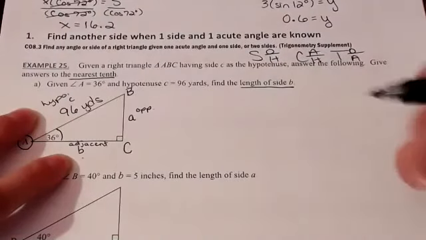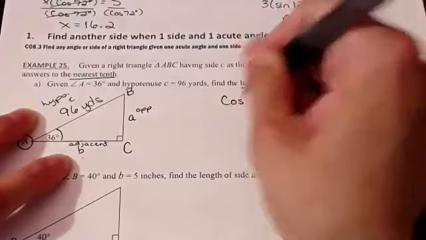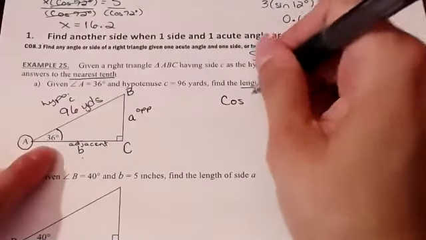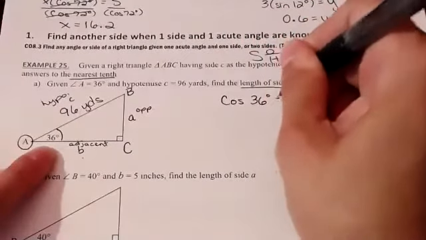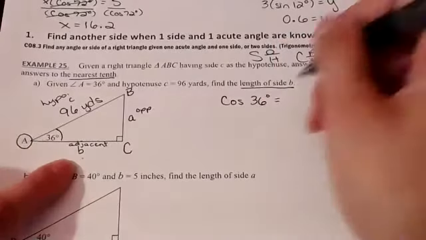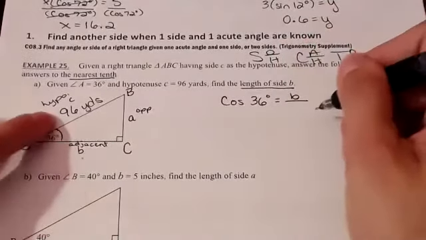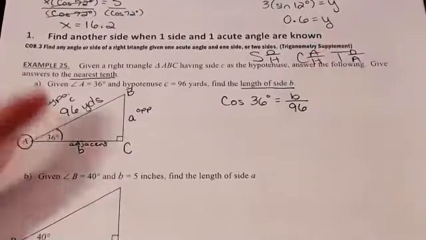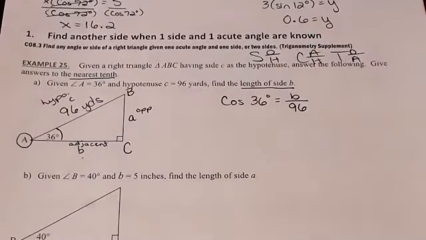Let's write the equation. Cosine of the angle, which is 36 degrees, is equal to adjacent over hypotenuse. And now all we have to do is solve this equation. Excellent.